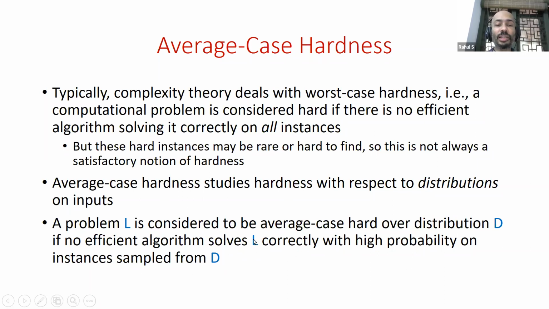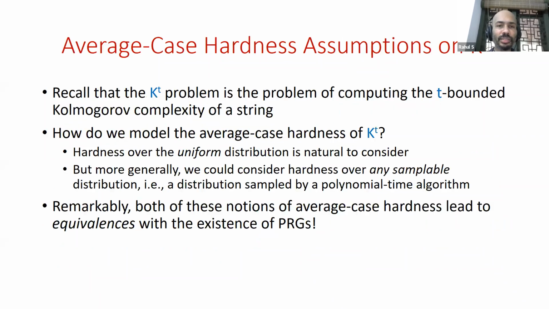If it solves L correctly, it's good on average. If it doesn't solve L correctly with some noticeable probability, then it's not a good average case algorithm. This is a nice way of looking at hardness on typical instances rather than worst case instances. And average case hardness is a kind of hardness that's somehow more natural when you're doing cryptography.